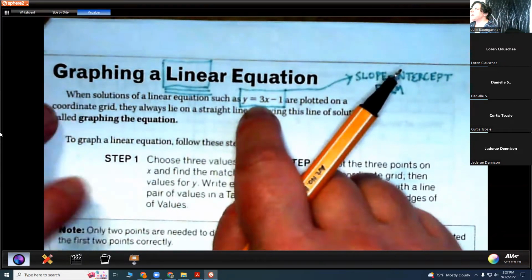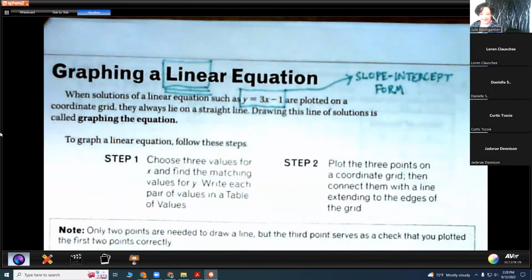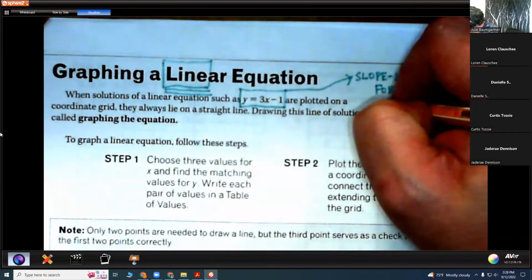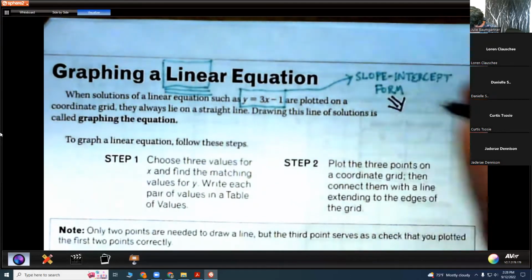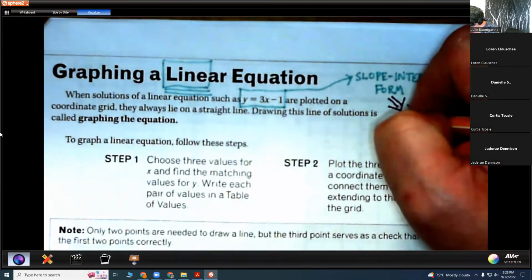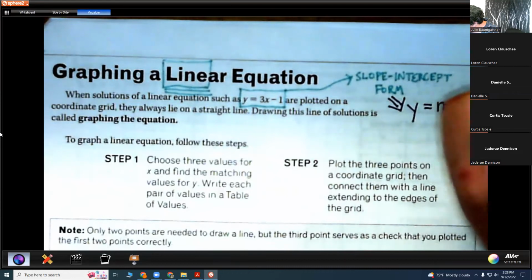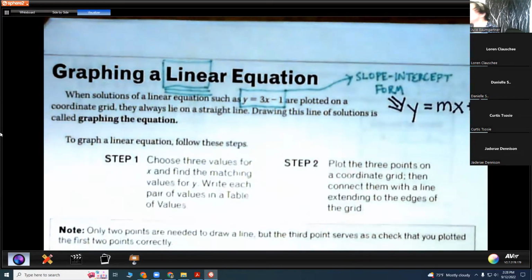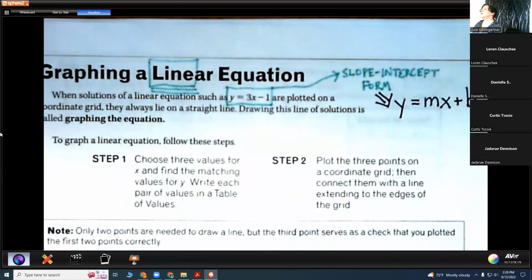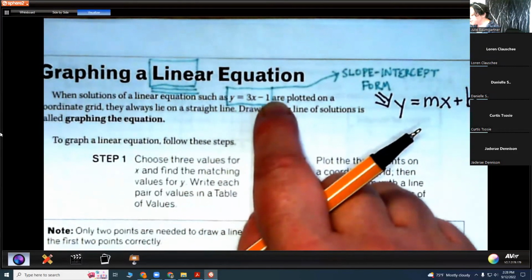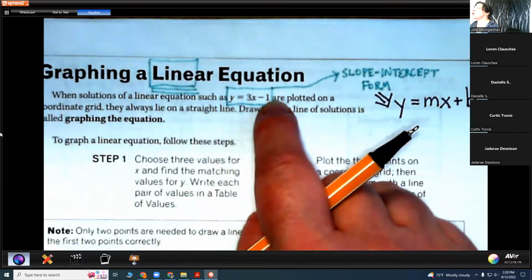And when they write this form out, you guys might have heard this, it's on your GED formula sheet, but famously known as y equals mx plus b. Okay, so in this slope intercept form, we have 4 pieces.